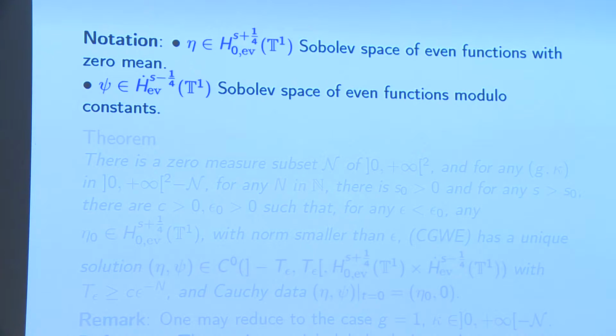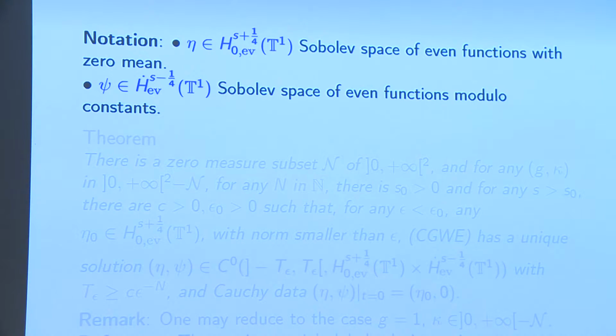Concerning the second component of eta psi, we shall take it in a Sobolev space, H^(s-1/4), of even functions on the torus, on T1. And actually I'm taking a homogeneous Sobolev space, that is, a Sobolev space modulo constants.